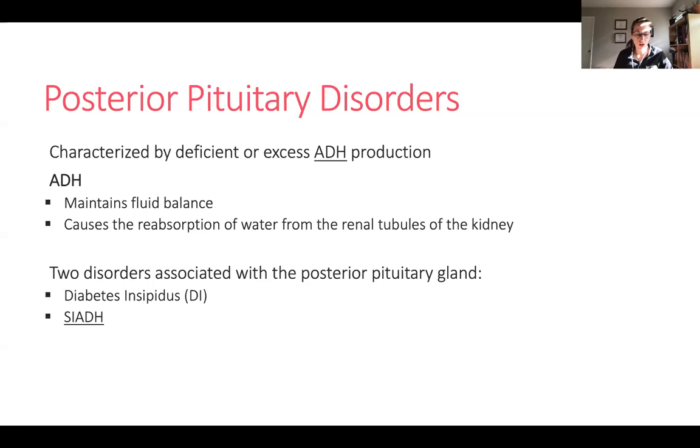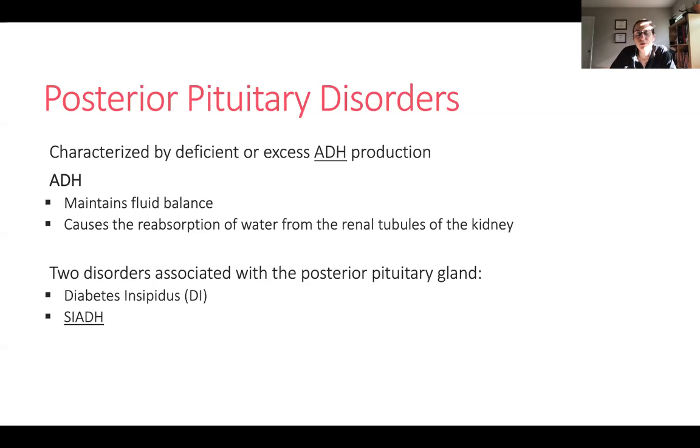So those are all anterior pituitary disorders. And now we're going to talk about posterior pituitary disorders. So this is characterized by either too much or too little ADH production. And that, if you remember, is what maintains fluid balance. So it keeps you in a state of hydration.